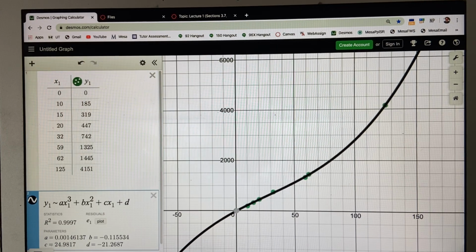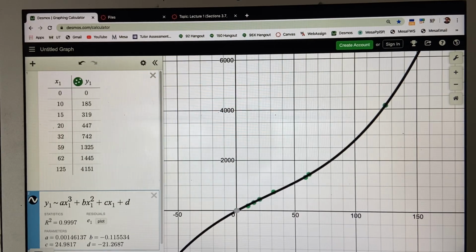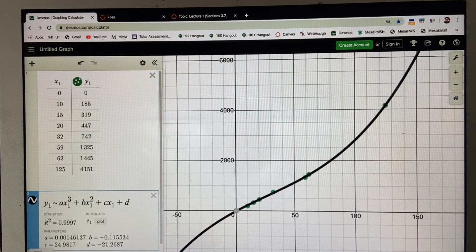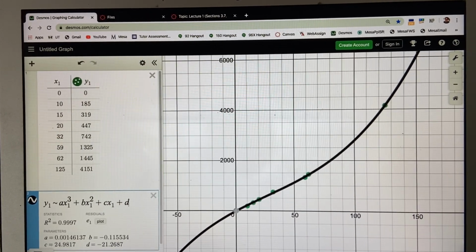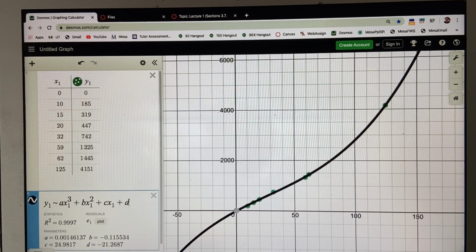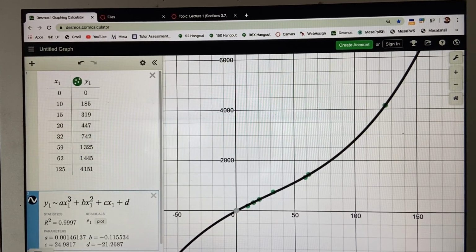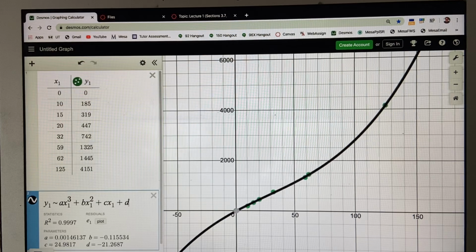So I have v of t is 0.0014637, and that's a t cubed term, minus 0.115534, in other words b, and that's a t squared term, plus 24.9817, that's a linear t term, and then minus 21.2687.